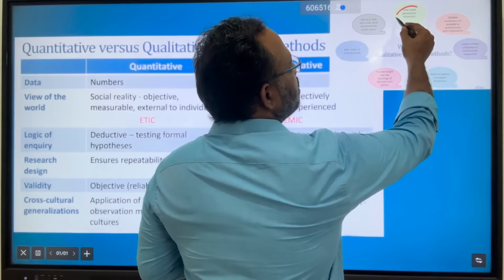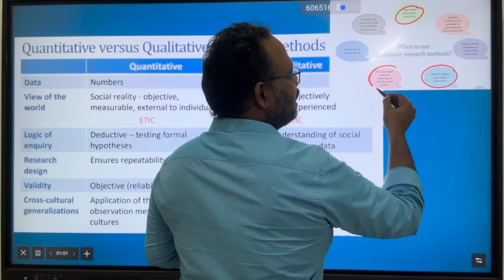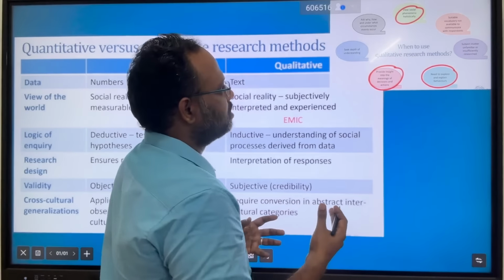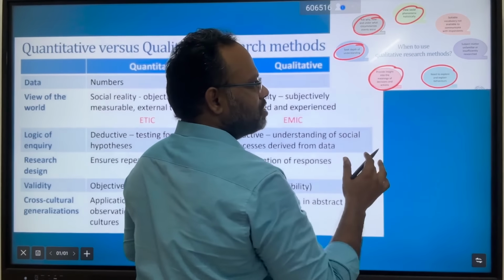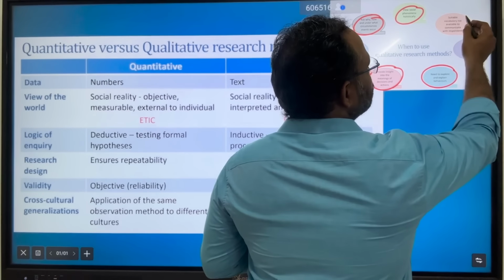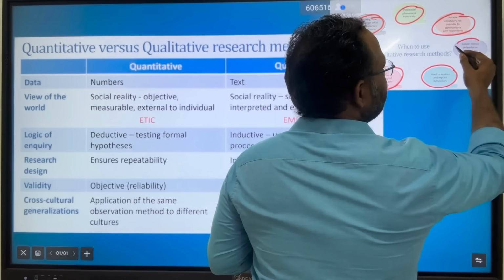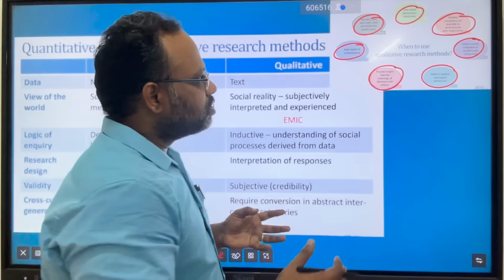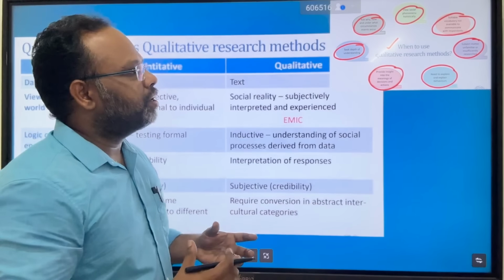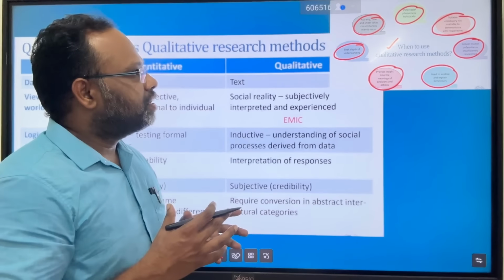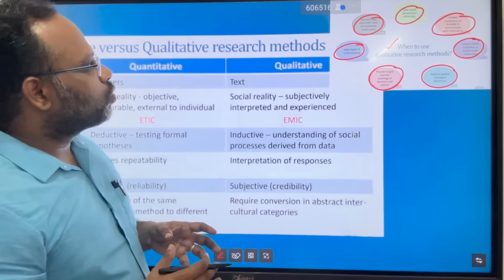When we view a social phenomenon holistically, when we need to explore human behaviors, when we need to provide insight into the meaning of decisions of people and actions, when we seek depth of understanding, when we ask why, how, and under what circumstances certain events occur, and when suitable vocabulary is not available to communicate with the respondents, when the subject matter is unfamiliar or insufficiently researched, we use these qualitative research methods. It is a study of human behavior or social phenomena to provide in-depth understanding of certain events, circumstances, decisions or actions.